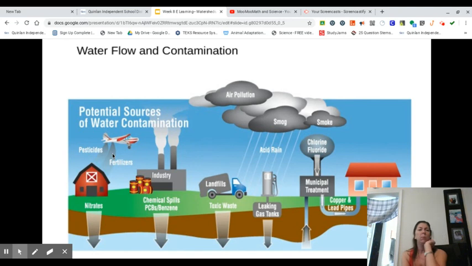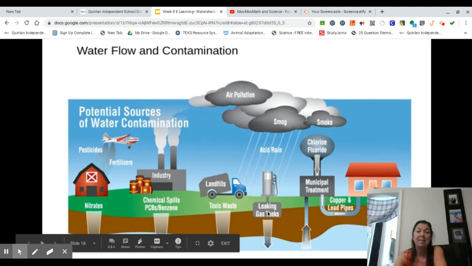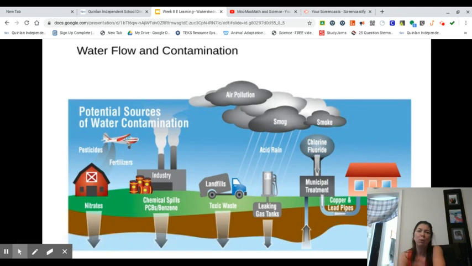All these crops that we have, and the farmer will put a pesticide on it to keep the insects from eating their crops. Well, when it rains, if there's excess pesticide there, it washes off, runs right back into your water. Gas leaks, or even, like I said, something as simple as taking the oil from changing your oil and pouring it into the ground.